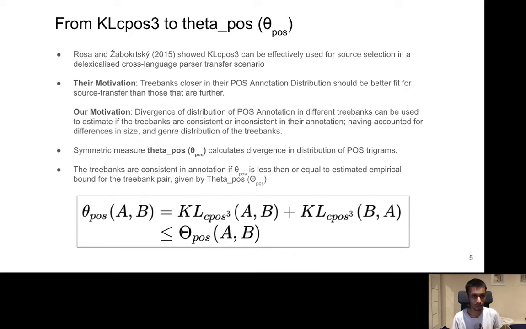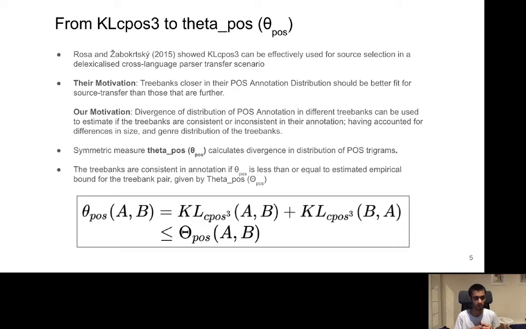In this paper itself, Rosa and Zabokrtsky showed that this measure KL_cpos3 can be effectively used for source selection in a delexicalized cross-language parser transfer scenario. So treebanks chosen by POS annotation distribution are a better fit for source transfer to another language than those that have POS annotation further apart.